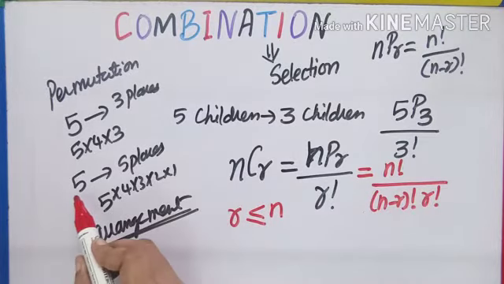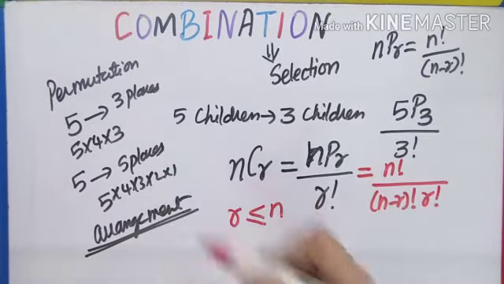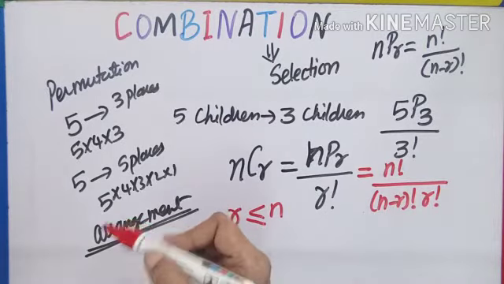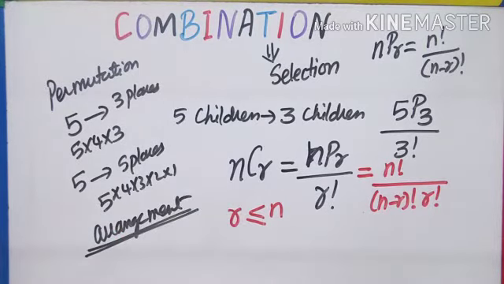See, there are 5 children. I can say all of you come. That is, from 5 children, I select 5 children. So, R can be at the maximum equal to N. There are 5 children. Can you say minus 1 children come? No. So, R should be more than or equal to 0. If I am not selecting anyone, R is 0.